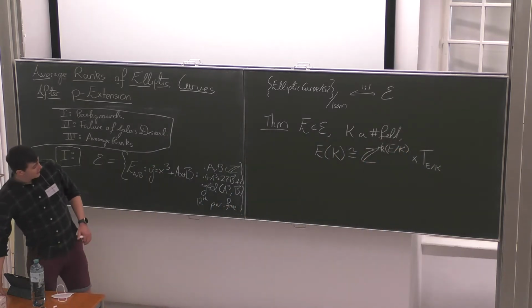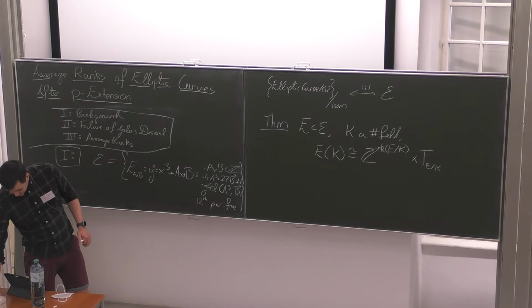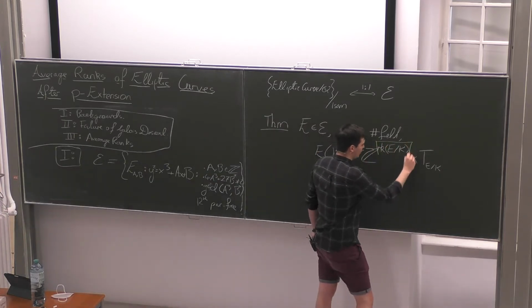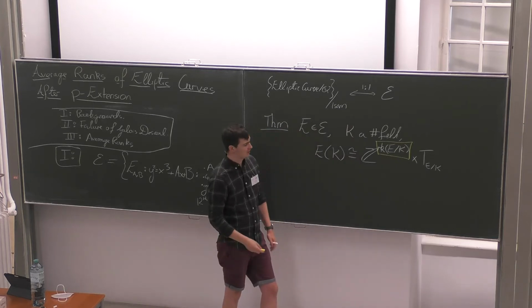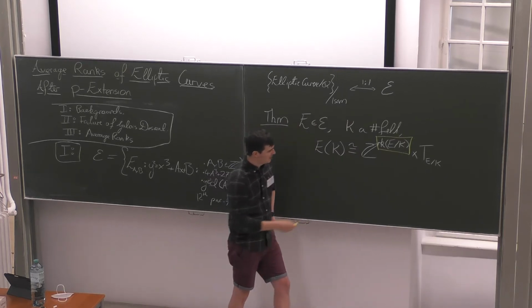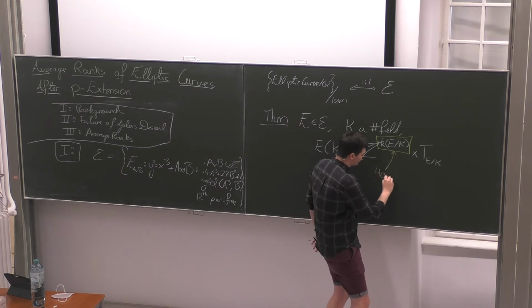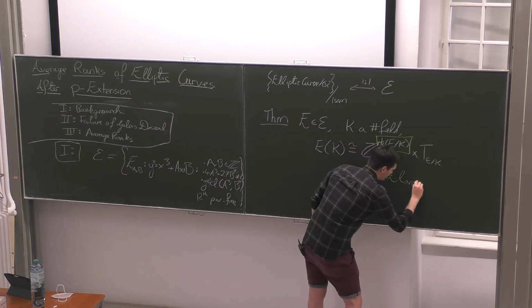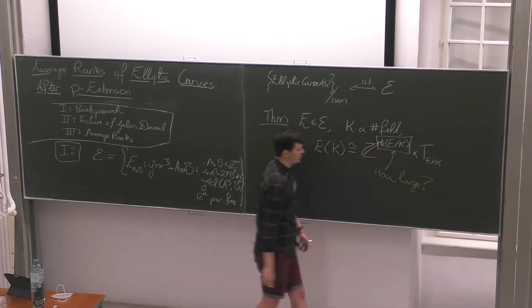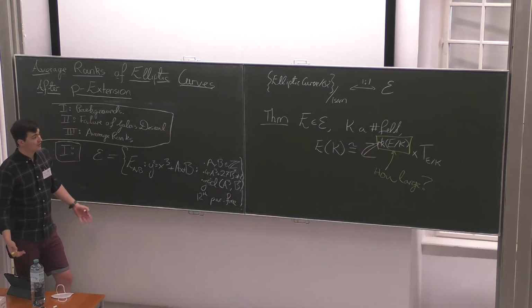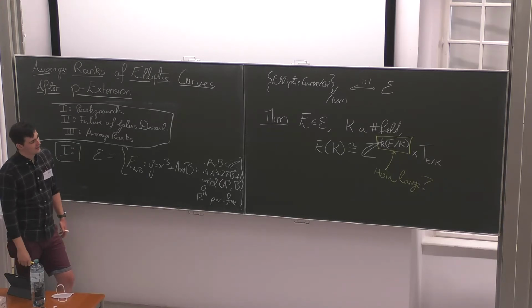And of course, as the title suggests, today the main questions will be, what can we say about the typical behavior of this integer here, the rank? And an informal question is, how large should this be? If I start drawing my elliptic curves randomly out of a bag, am I expecting this rank to be 10 trillion or somewhere around 1 or 2?